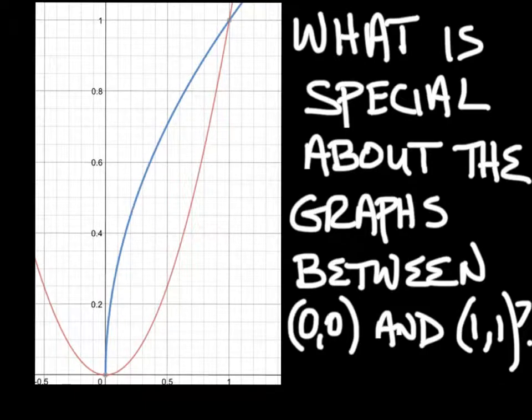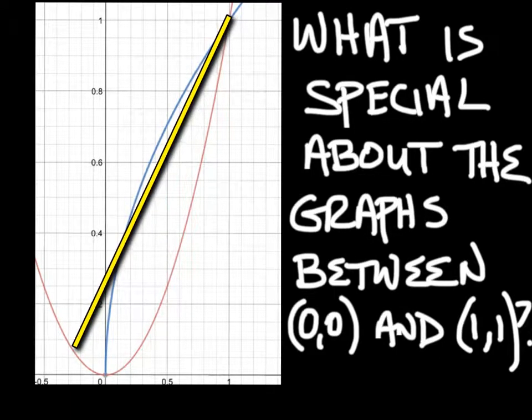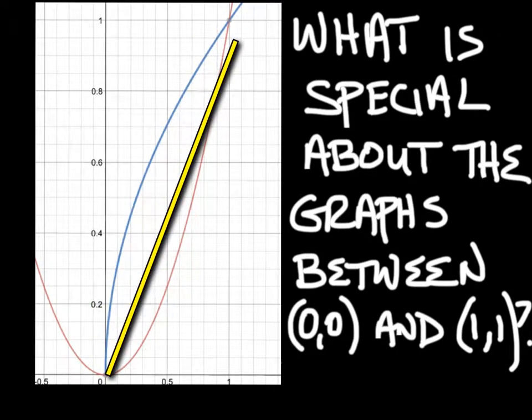What is special about the graphs between (0, 0) and (1, 1)? What is special is that these points create an area in which the shape is going to be symmetric. I'm going to try my best to put this line in there.